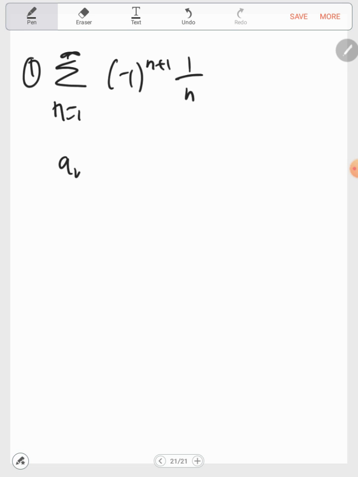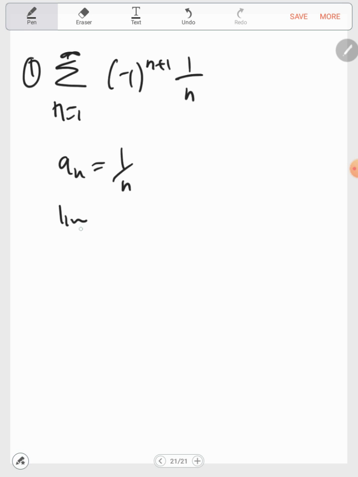So let's have some examples. Determine if the following series is convergent or divergent. The first thing is to find the limit. So an here is just 1 over n.